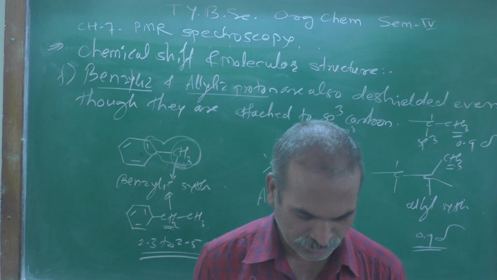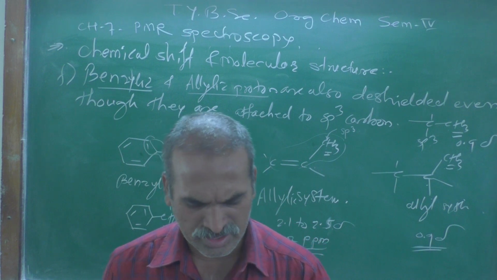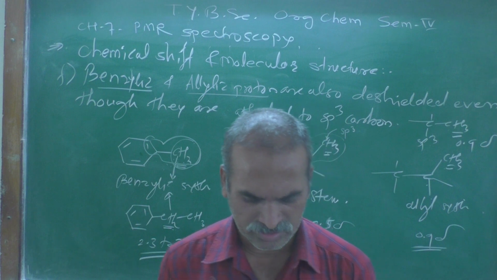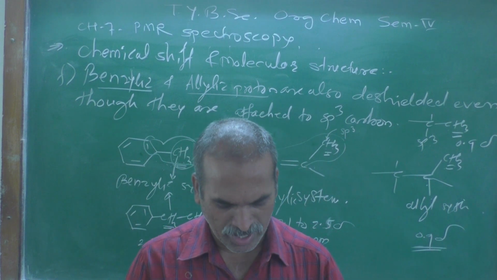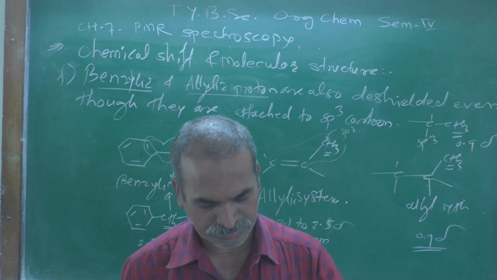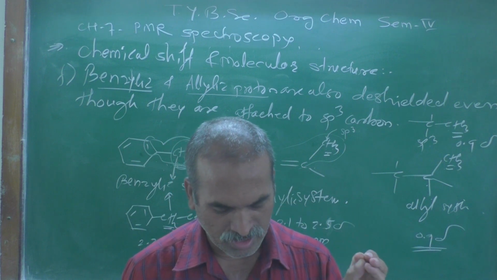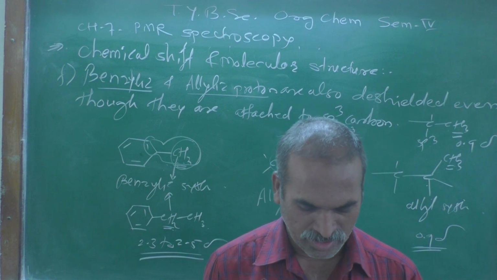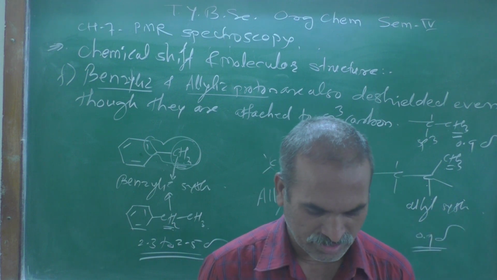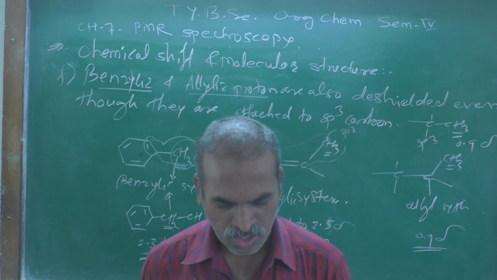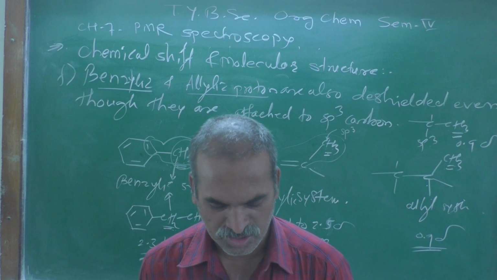So now the benzylic and the allylic protons lie in the region where the induced magnetic field and applied magnetic field are parallel to each other, similar to vinylic or aromatic protons, and are de-shielded as compared to other sp3 CH protons.